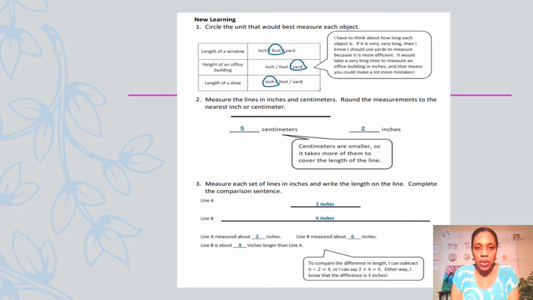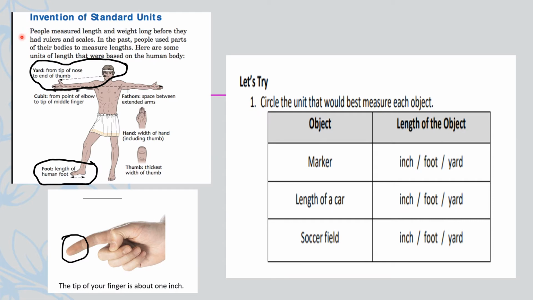This chart here is showing us how to measure in centimeters and in inches, and how to compare two or more objects. Now, many years ago, before people had rulers or scales, they had to measure things, and they used their body parts to do so. A yard was considered to be the measurement from your thumb to the tip of your nose.